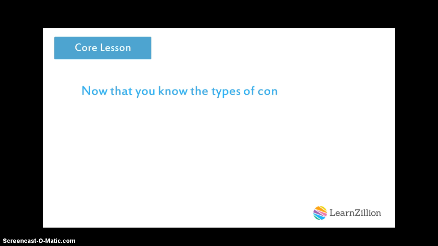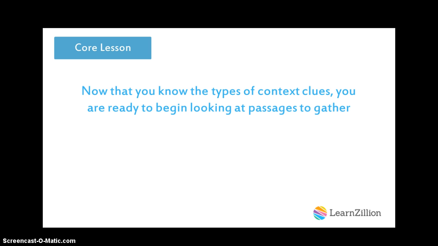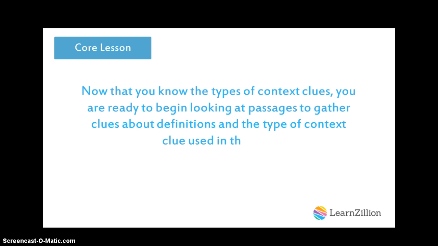Now that you know the types of context clues, you are ready to begin looking at passages to gather clues about definitions and the types of context clues used in text. Take out the passage with the star on it for this lesson. You will be writing along with me.